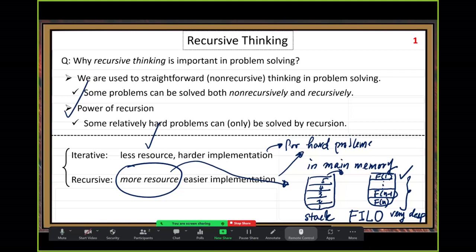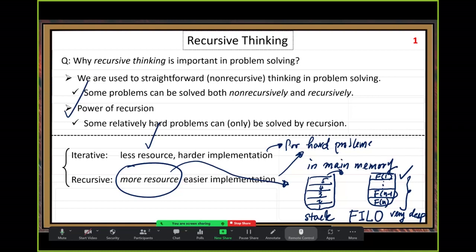So here you can see this drawback is actually pretty big, right? Have you heard of stack overflow? If you consume too much, if your stack is too deep, you could get overflow on your stack.